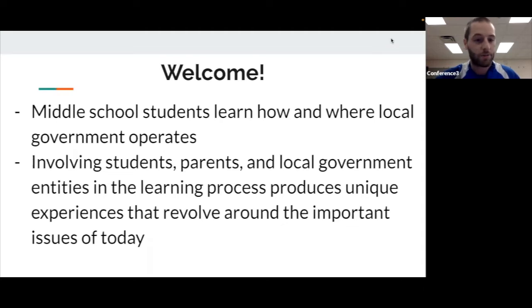But the gist of this is we're going to be talking about involving students, parents, and local government entities in the learning process, how that produces unique experiences that revolve around the important issues of today. So the focus and emphasis here is the local, keeping it local. That's why we're talking about showing up in your own backyard.